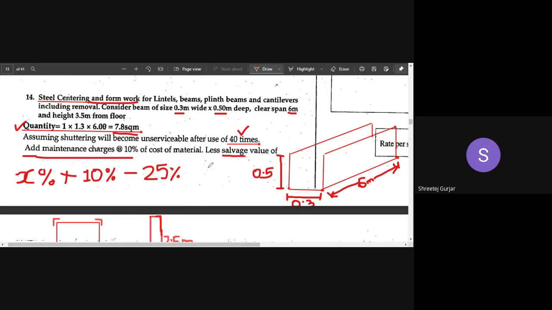So minus 25. If you consider 100% as what we pay when buying this steel, we are left with 85%, or 0.85. This is how you arrive at this effective value of 0.85.